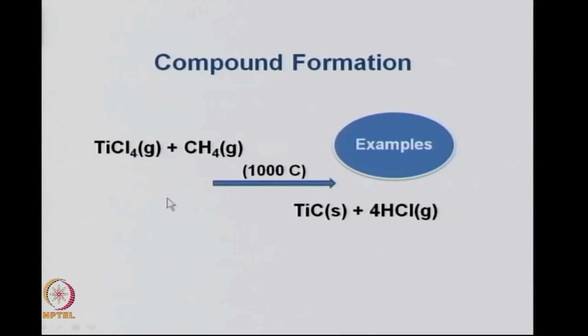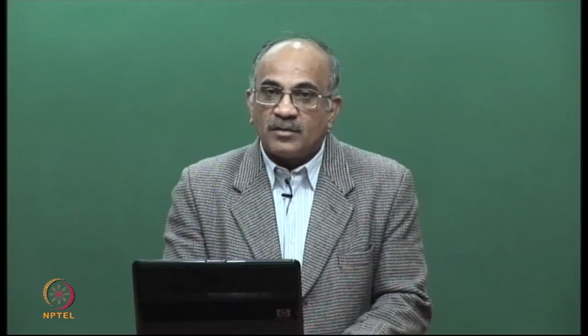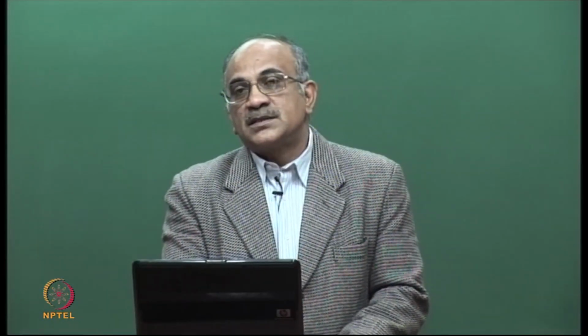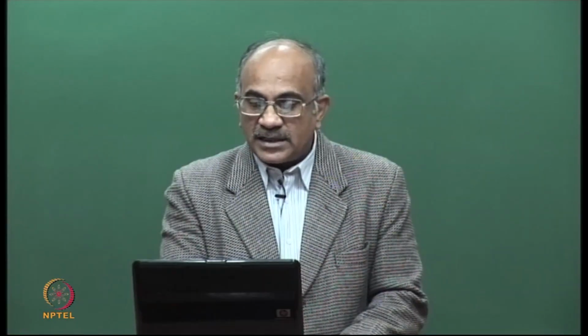So, this is an example of a CVD procedure where you have compound formation starting from two gaseous precursors, and they interact and form a compound which deposits on the substrate and forms a thin film of titanium carbide.